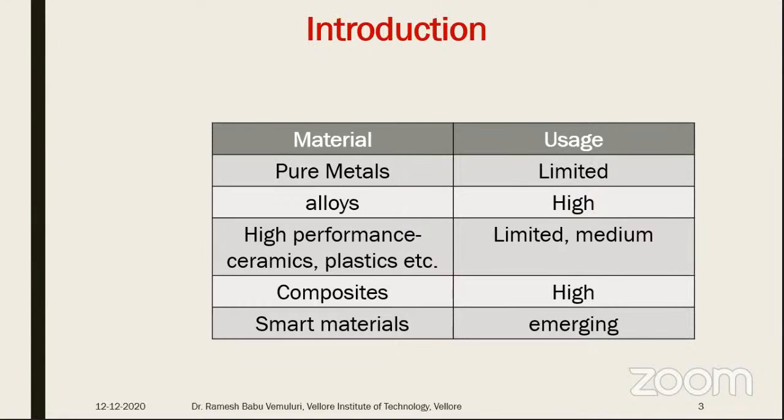And now we are searching for smart materials. These smart materials can change their properties by some excitation or external stimuli, or even without external stimuli they can change their characteristics. So smart materials have a larger classification.